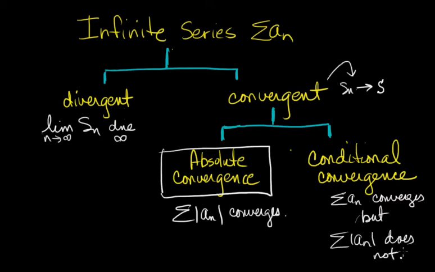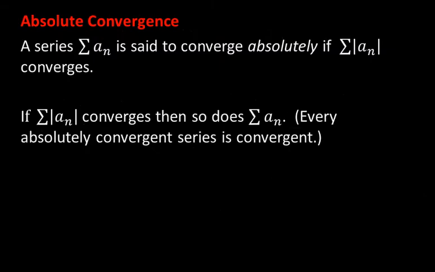So this is called conditional convergence. If a series sigma a sub n converges in absolute value, then that series is said to converge absolutely. So this is an important word: converges absolutely if the series of absolute values converges.